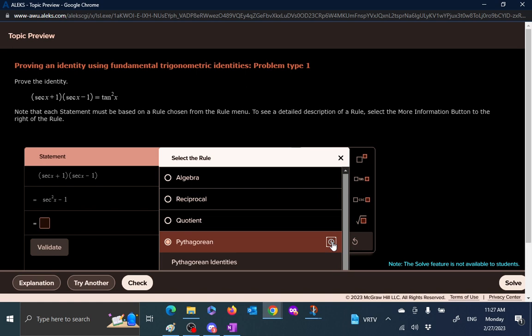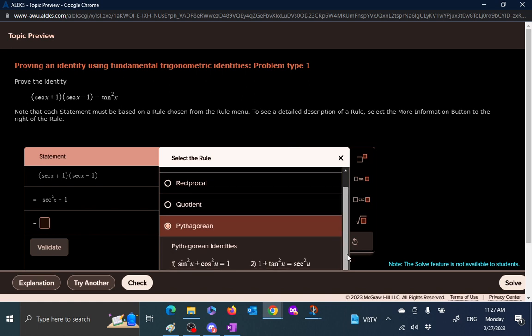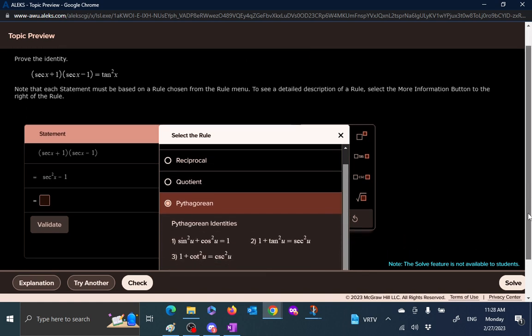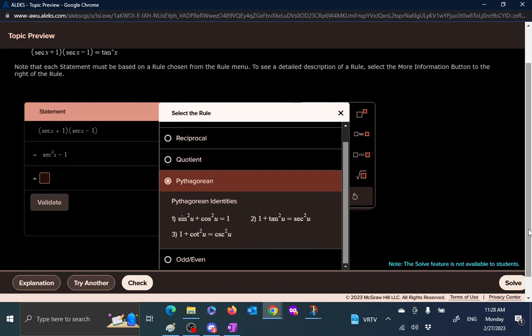What were the list? So 1 plus tan squared is secant squared. You can rearrange this in multiple ways. For example, if you take the 1 to the right hand side, secant squared minus 1 will be equal to tan squared, and that is what we have here, secant squared minus 1.